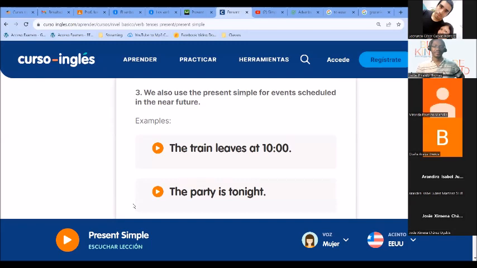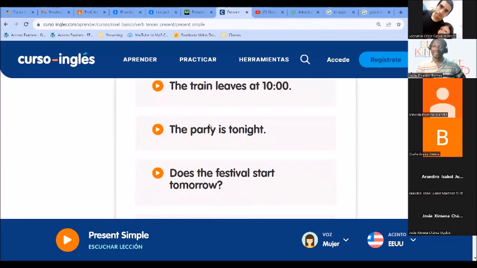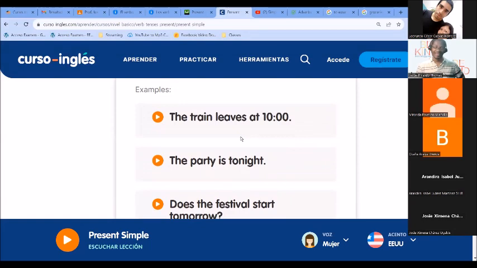We also use the present simple for events scheduled in the near future. The train leaves at 10, the party. All right. Read it in English, Leo. Practice, so you can get better pronunciation. The train leaves at 10.